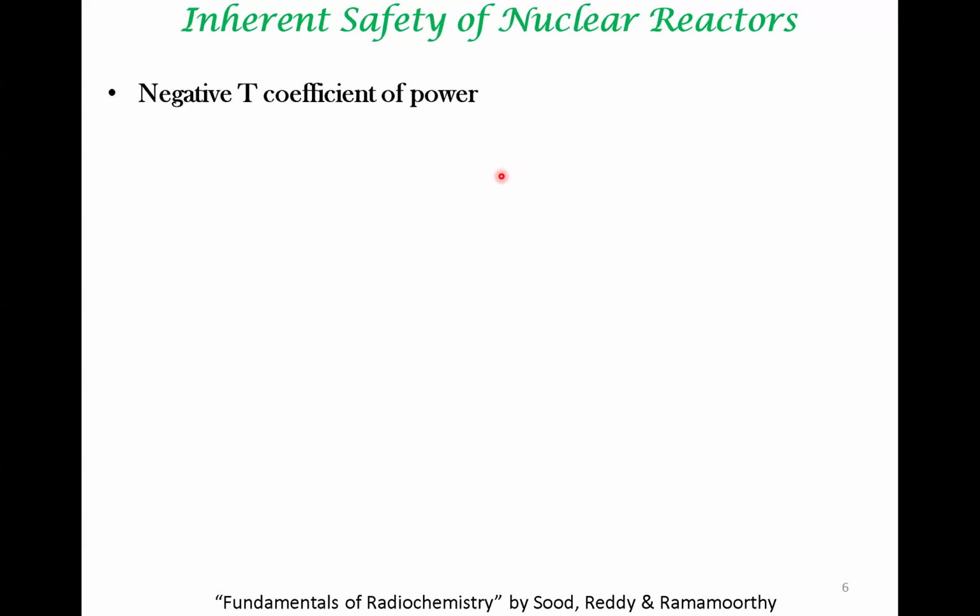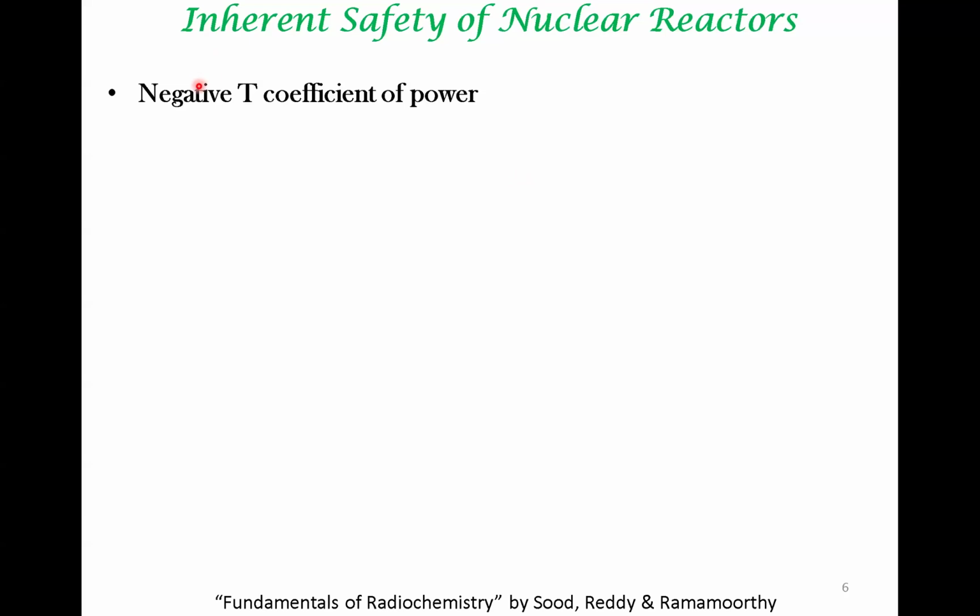Therefore, to have an inherently safe reactor, you want to have a negative temperature coefficient of power. What do you mean by that? As the temperature increases, the amount of power that is generated will decrease. So it automatically brings down the temperature.